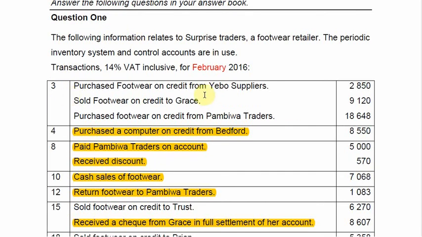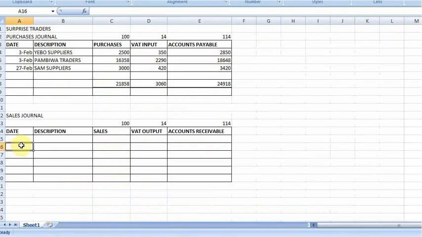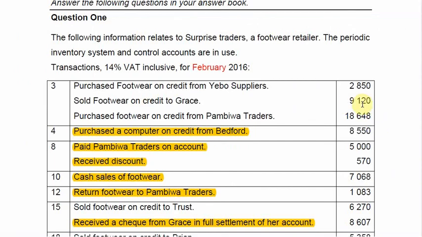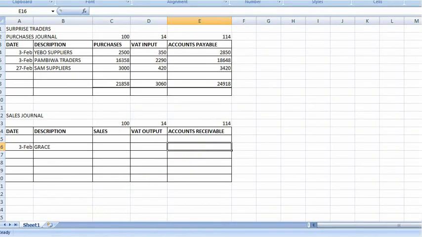The first one was the footwear sold on credit to Grace on the 3rd of February. So there I'm going to say again 3rd of February. The description is just Grace. The amount given to me there is 9,120, but it is an amount that includes VAT, so it will be the debtor's value. So under the accounts receivable, I'm going to put the 9,120.